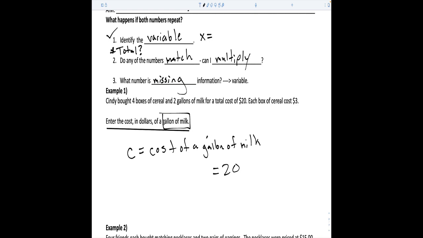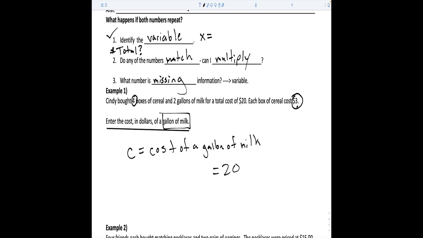Erin, what are the 2 numbers that match out of 4 cereal, 2 gallons of milk, and $3 for cereal? So the 4 boxes of cereal can be multiplied by the cost of 3 for each. Since they give you 4 boxes of cereal and $3 for each box, you just found a match.